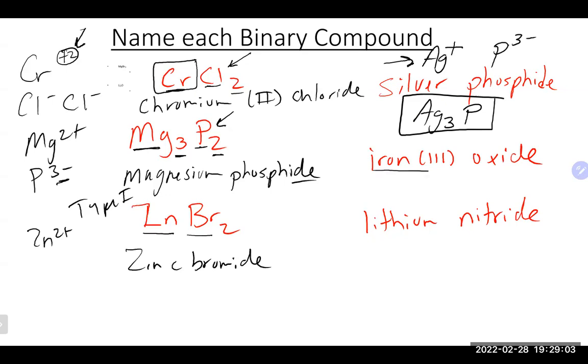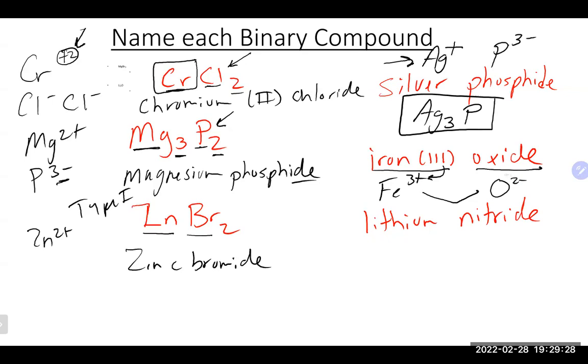Iron, Roman numeral 3. So the Roman numeral 3 tells us this is really a type 2 compound. The Roman numeral 3 also tells us that the iron is the guy that has the +3 charge. That is what the Roman numeral is for. Oxide is oxygen on the periodic table, which is group 6, and that has a fixed charge of -2. Again, when we put this together, we want to equal 0.